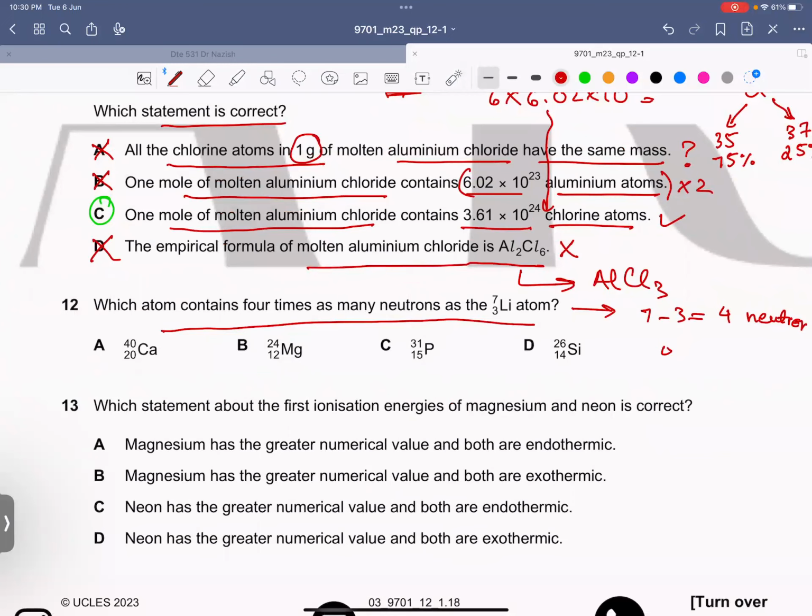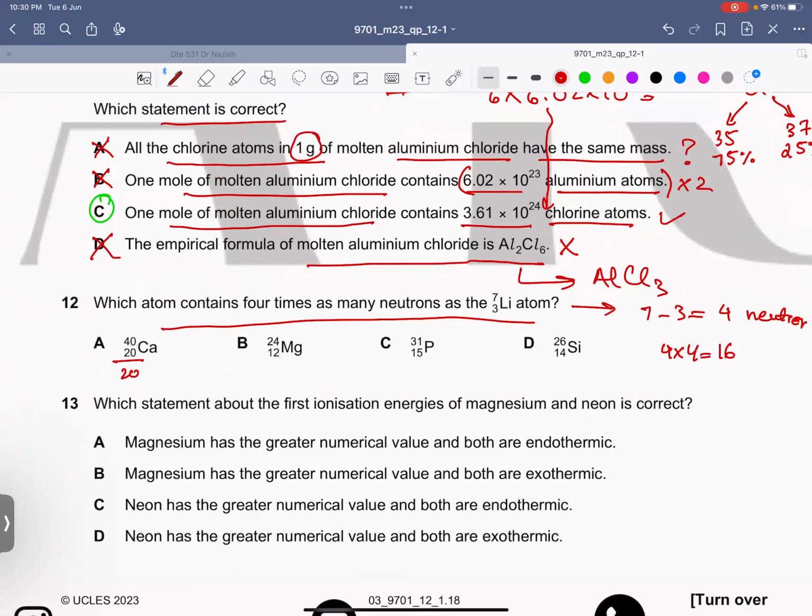And 4 times as many neutrons as lithium, so 4 times 4 gives you 16. So here, if you subtract it, you will get 20. Here you will subtract it, you will get 12. Here you will subtract it, I think, yes, 16. And here you will get 12. So D, B, and A go wrong. And C is your correct answer.